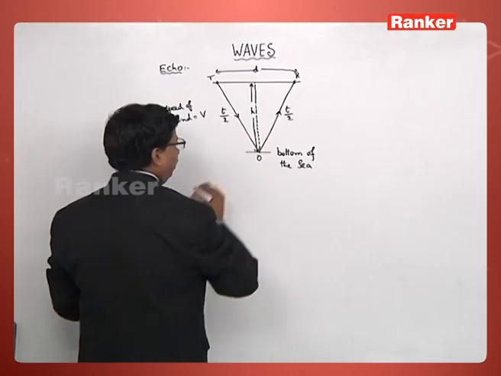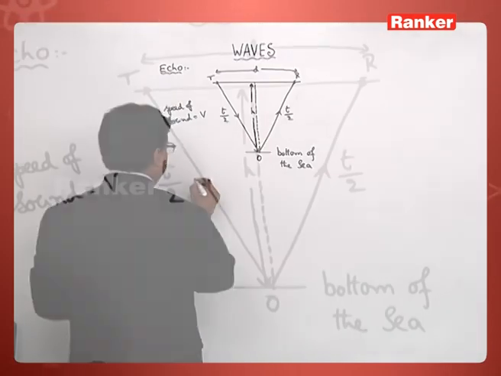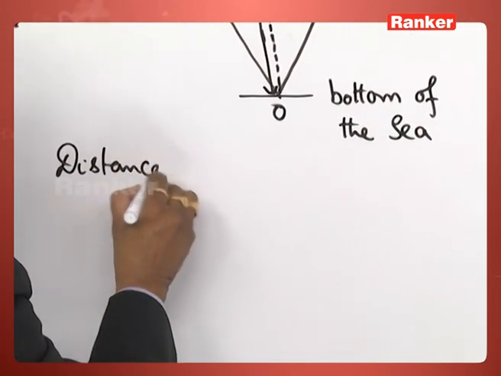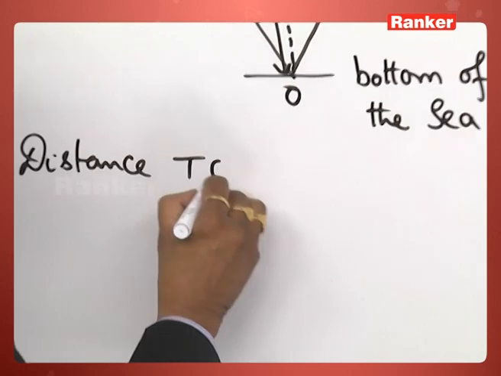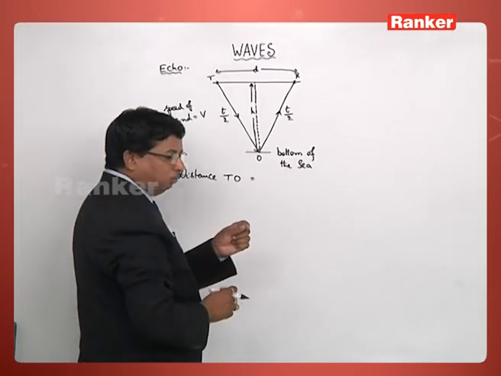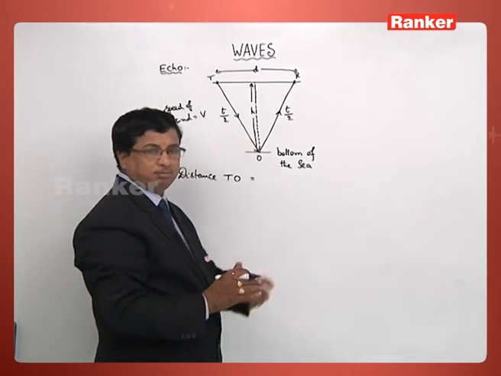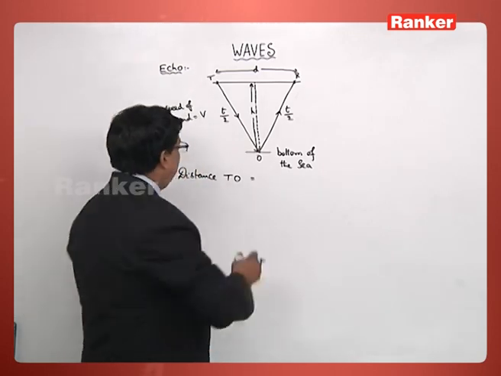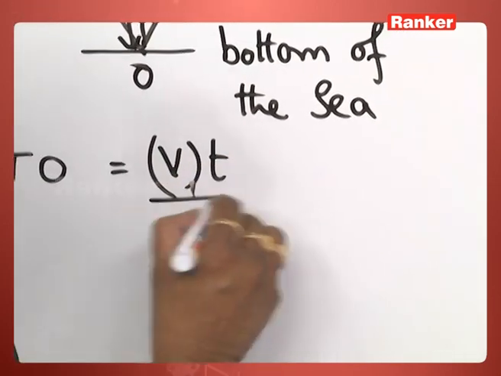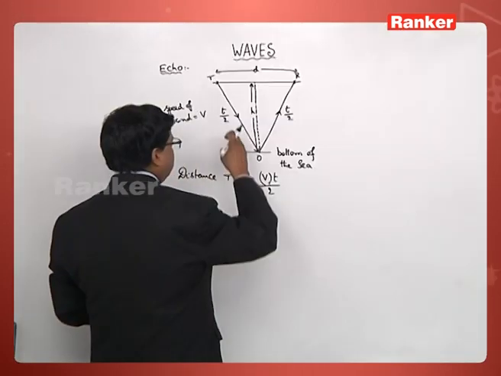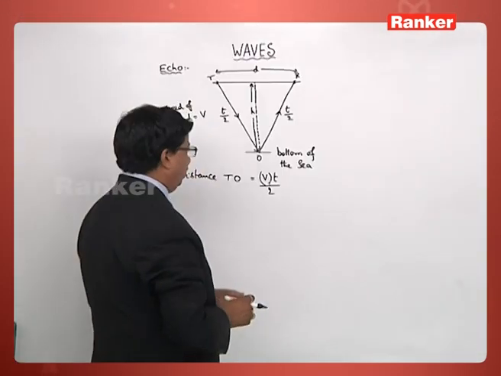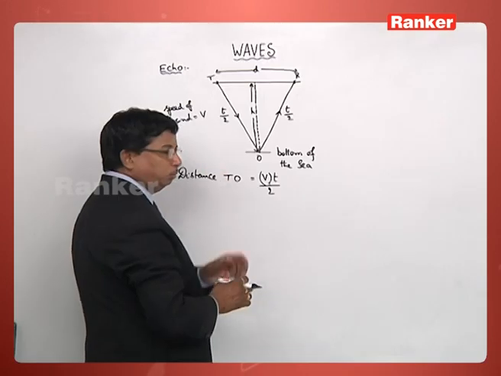If I name this point as O, then distance TO, how much is it? Distance is equal to velocity into time. Now velocity is taken as v here, time is taken as t by 2 here. So how much distance is travelling just before touching the bottom of the sea now? V into t by 2.